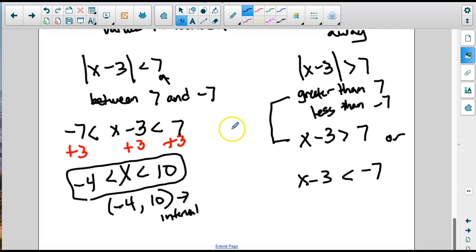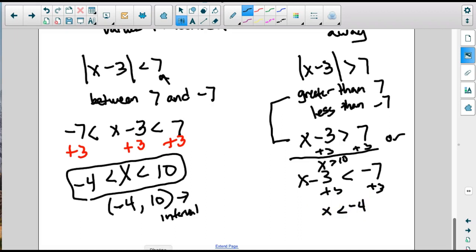Now, since we already solved this here, we're going to add 3 to these, just like we did in the other one, because it's the same equation. But our solutions here are going to be x is greater than 10 or x is less than -4.